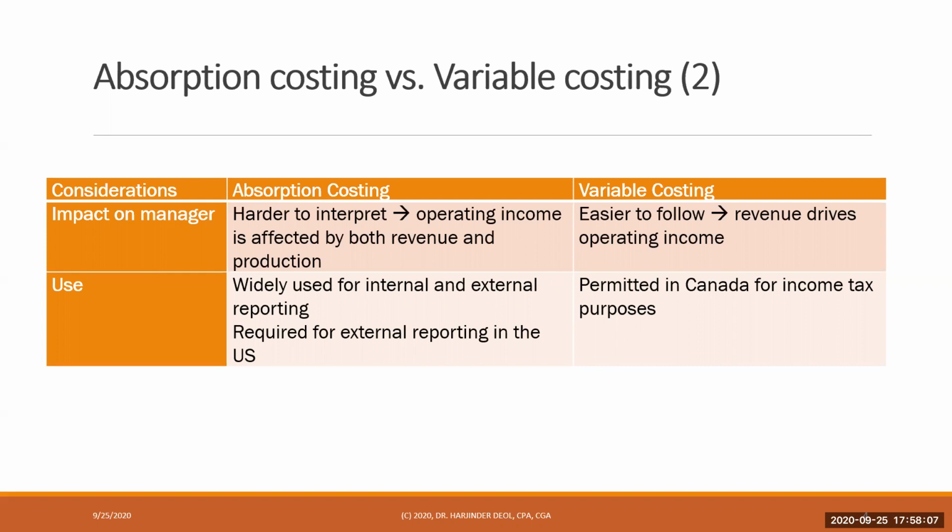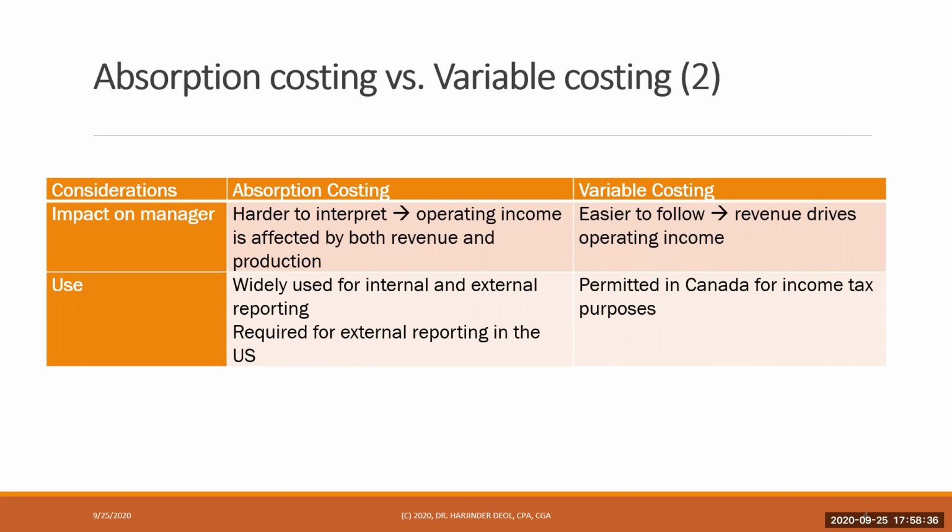Operating income is impacted not only by revenue, but also by production. So there could be an incentive for managers to continue to produce more goods than they can sell, because the buildup of the inventory defers a significant portion of the costs and therefore boosts short-term net income.